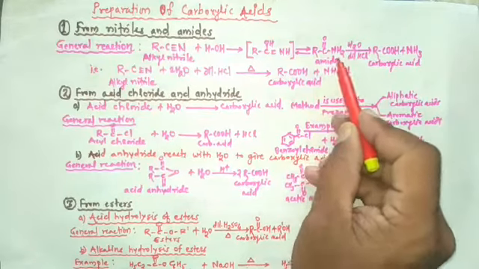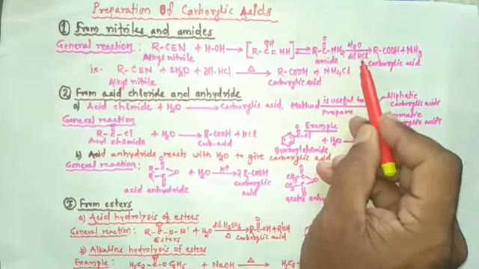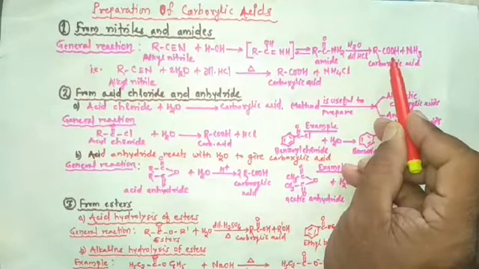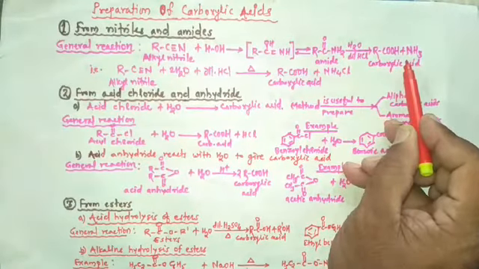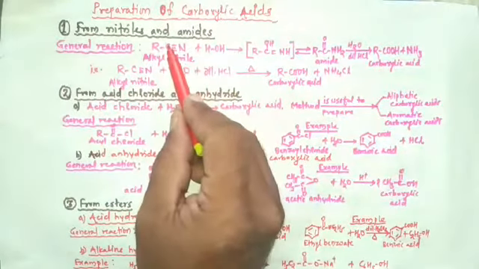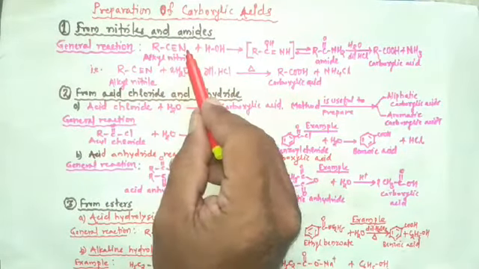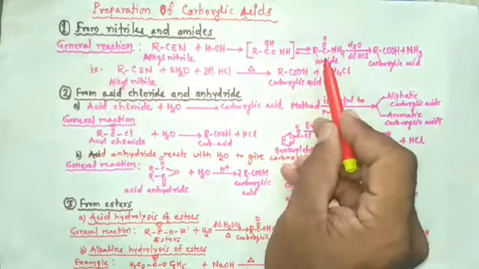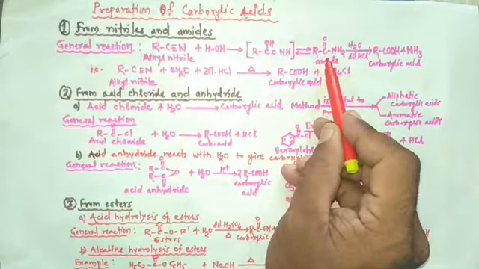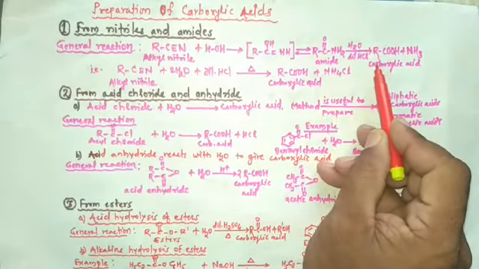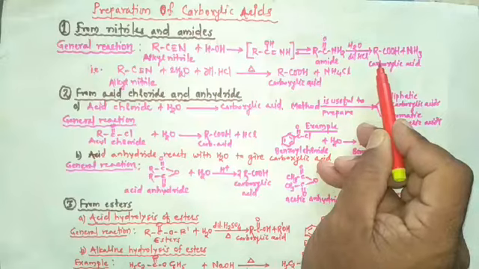The amide, on further acid hydrolysis, produces the corresponding carboxylic acid. I am going to repeat once again. Alkyl nitrile or alkyl cyanide on acid hydrolysis produces amides, and amide on acid hydrolysis produces carboxylic acids.